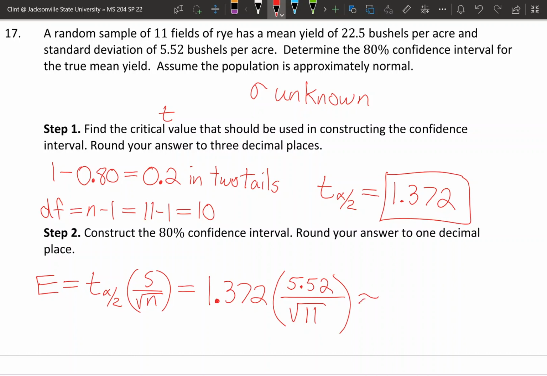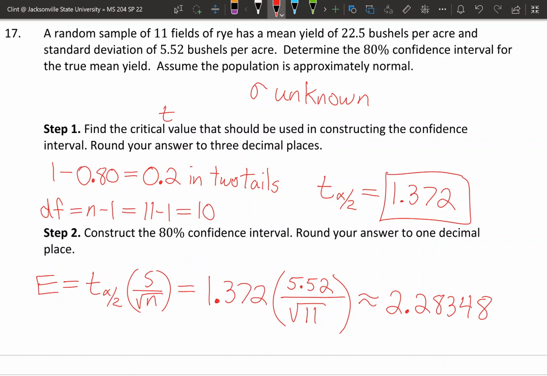And then remember on these, we want to keep several decimal places for our margins of error. So then for my margin of error, I get 2.28345, we'll keep 5.